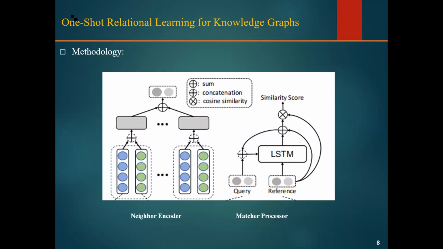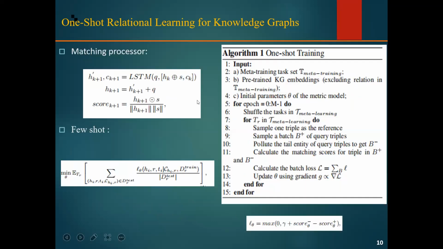We try to empower this model by adding an LSTM block and using the memory cell of the LSTM to do multi-step matching, where every step in the matching process is defined like this. Here h is our hidden state and c is the cell state.